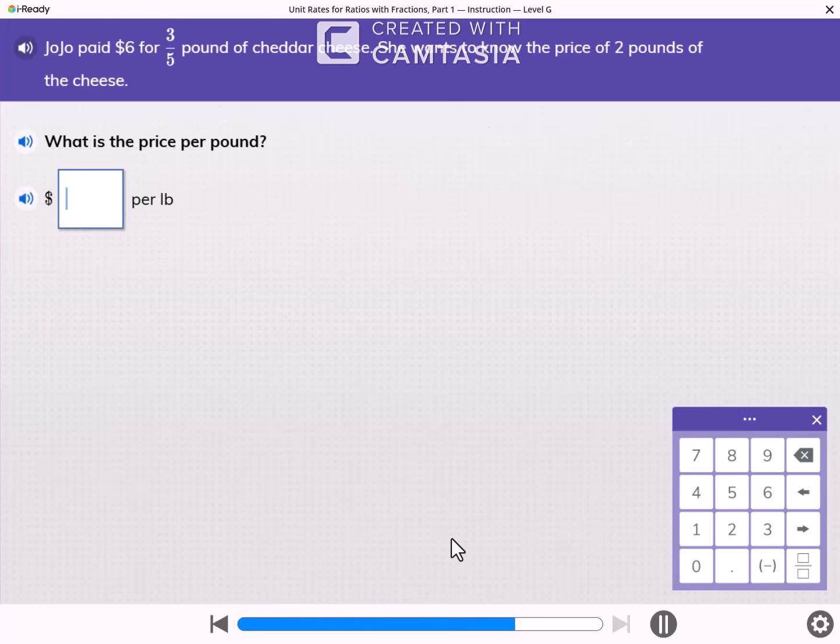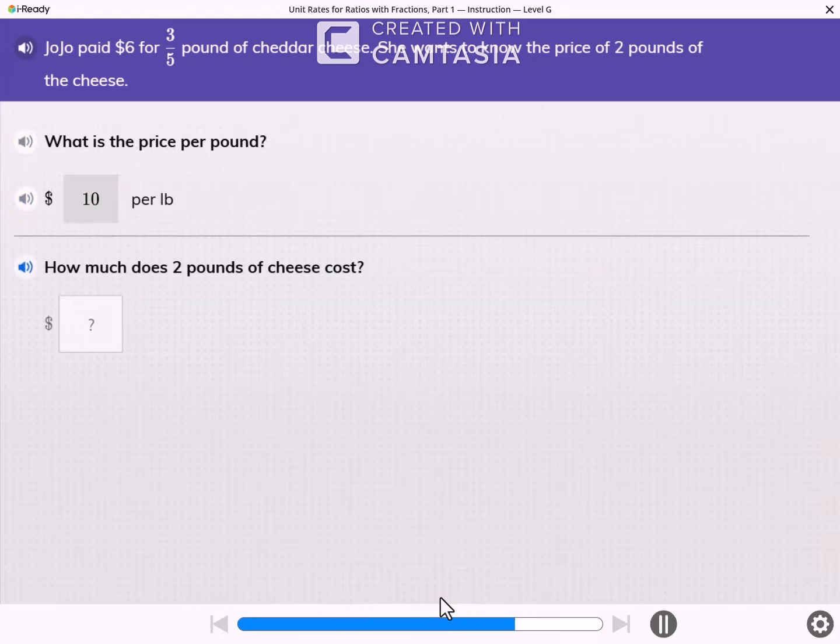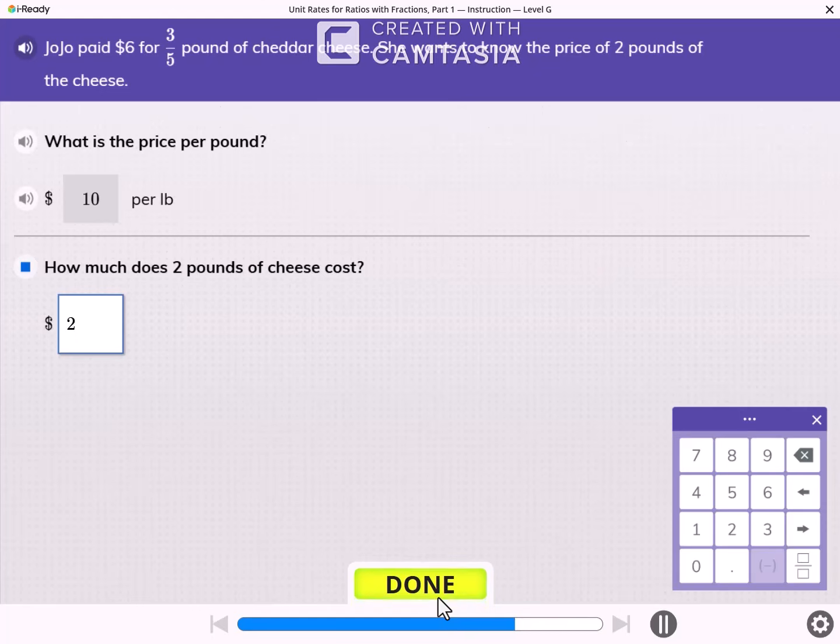So 5/5 is $10 per pound. How much does 2 pounds of cheese cost?